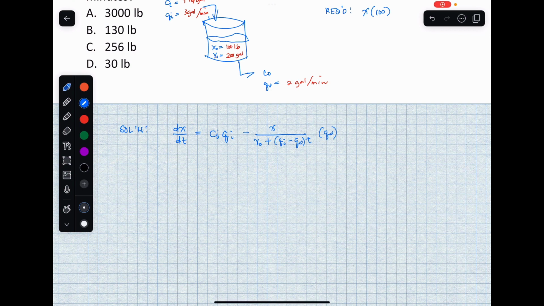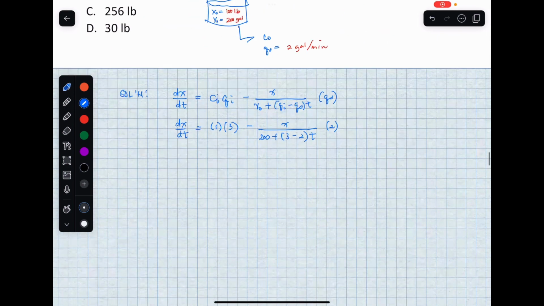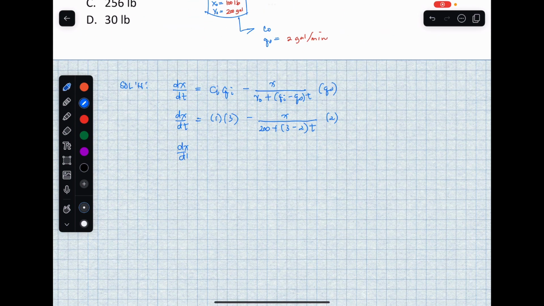Our input concentration is 1, QI is 3, the initial volume is 200, and Q out is 2. So dx over dt will be equal to 3 minus 2x all over 200 plus t.